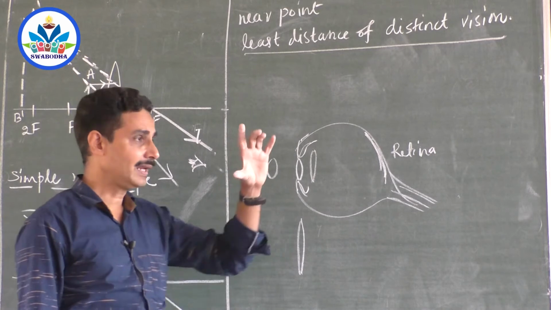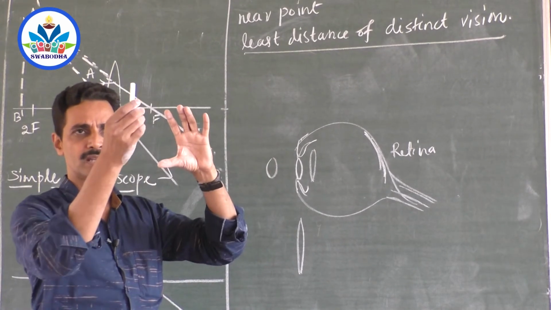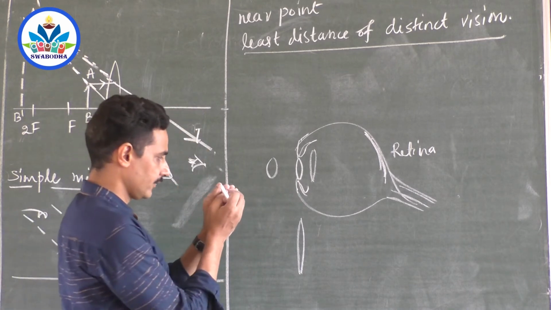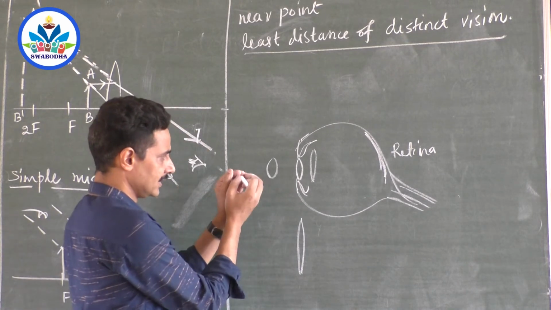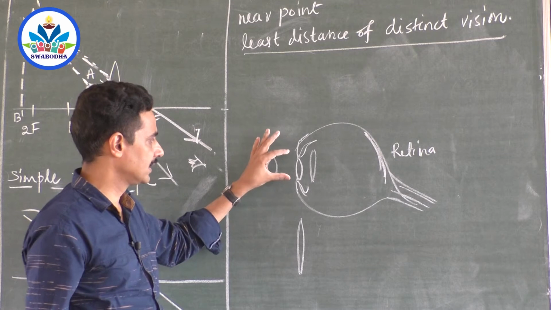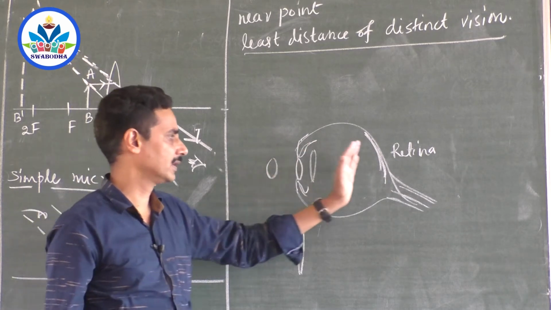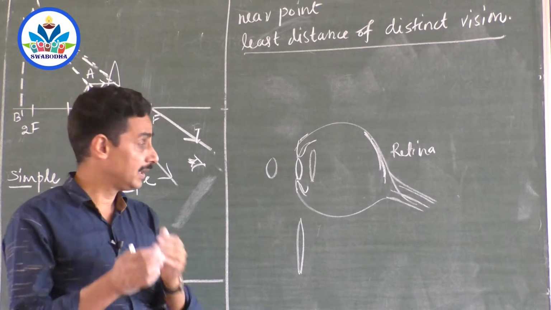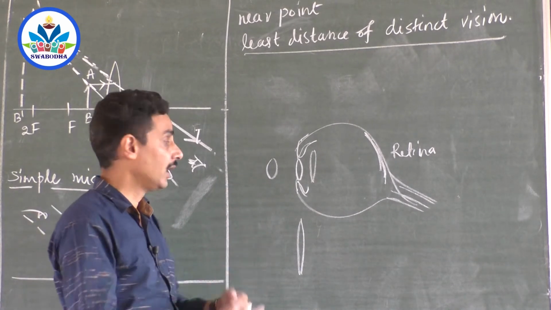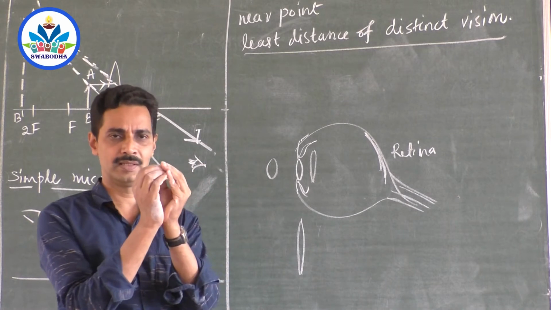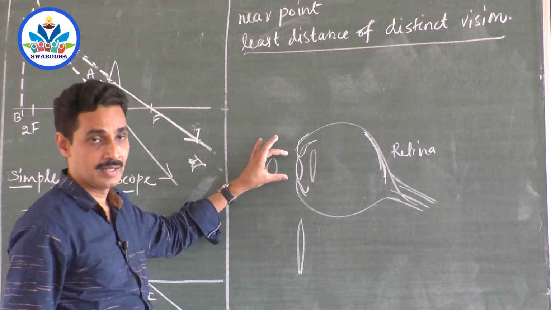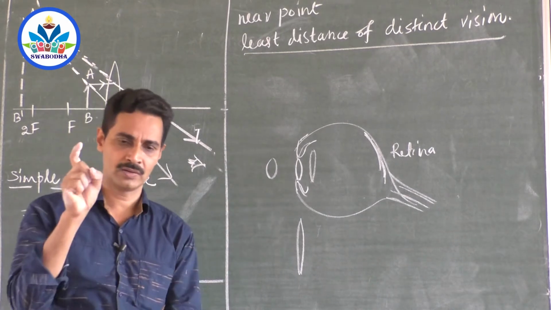And now the eye lens, as you bring an object closer and closer, will be bulging and bulging. Its radius of curvature will decrease, it will bulge, and the image will be formed on the retina. There is a limit up to which this lens can bulge, and ciliary muscles can apply pressure on the eye lens, and beyond that ciliary muscles cannot contract.